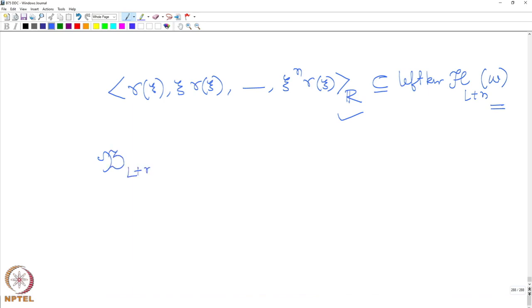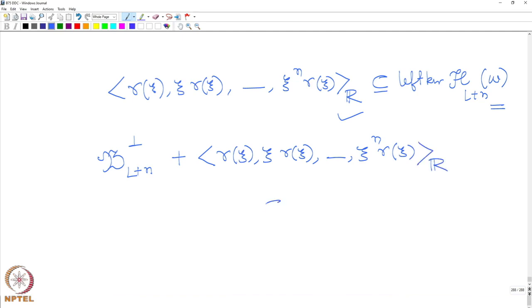But if that is so, then B L plus n perp summed with the span of R xi, xi R xi, dot dot dot xi to the n R xi, both of these subspaces are contained in the left kernel of HL plus n of W. Okay, right.